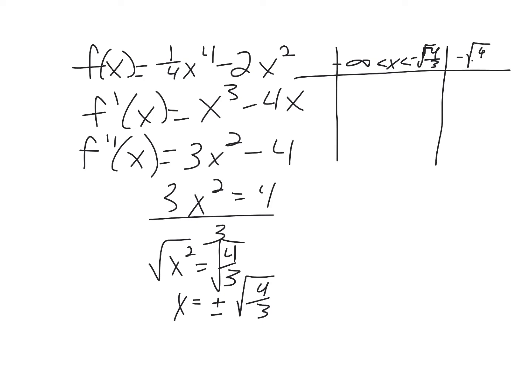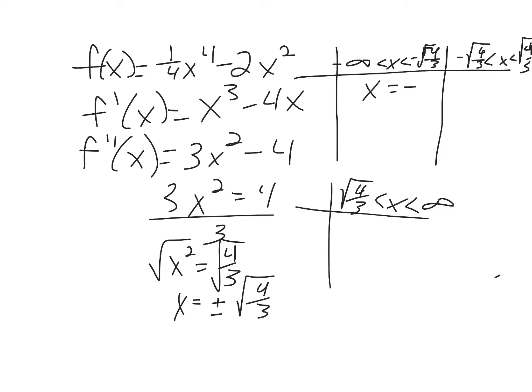Negative root 4 over 3 to root 4 over 3. And then if I add another column, root 4 over 3 to infinity. So let's pick a value: x equal to negative 2, x equal to 0, and x equal to 2. Those seem like good values.